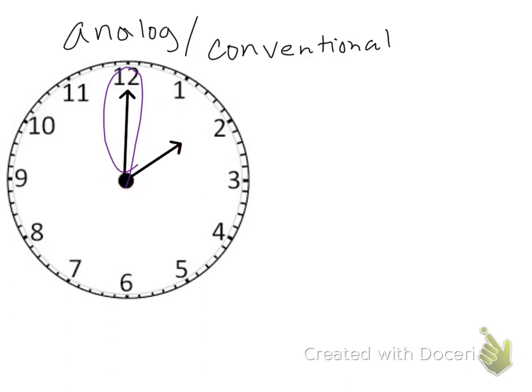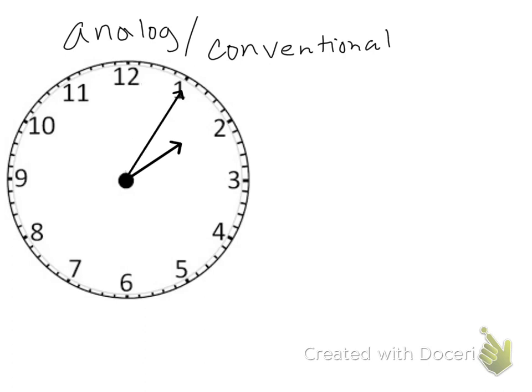Each time the minute hand moves around the clock face, 1 hour has passed. So there are 60 minutes in 1 hour. We're going to count by fives to check, because each of these numbers represents 5 minutes. So let's just double check.